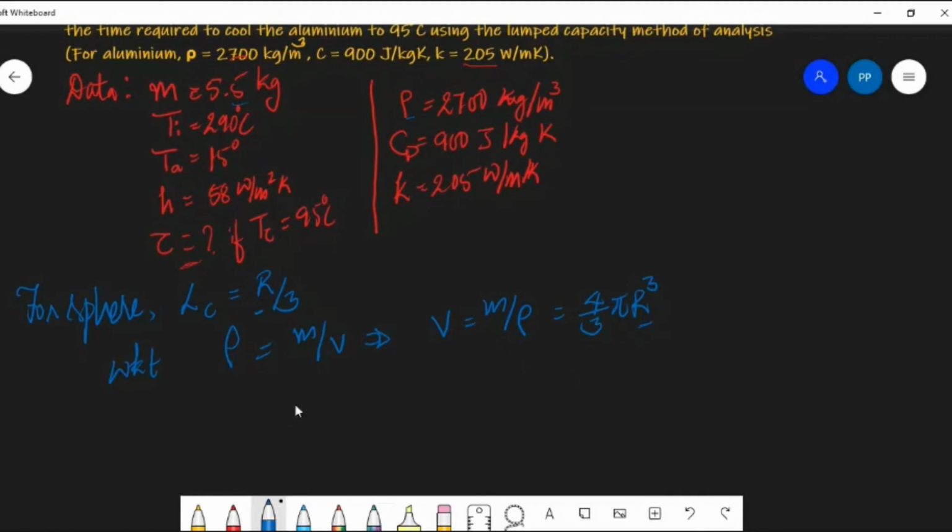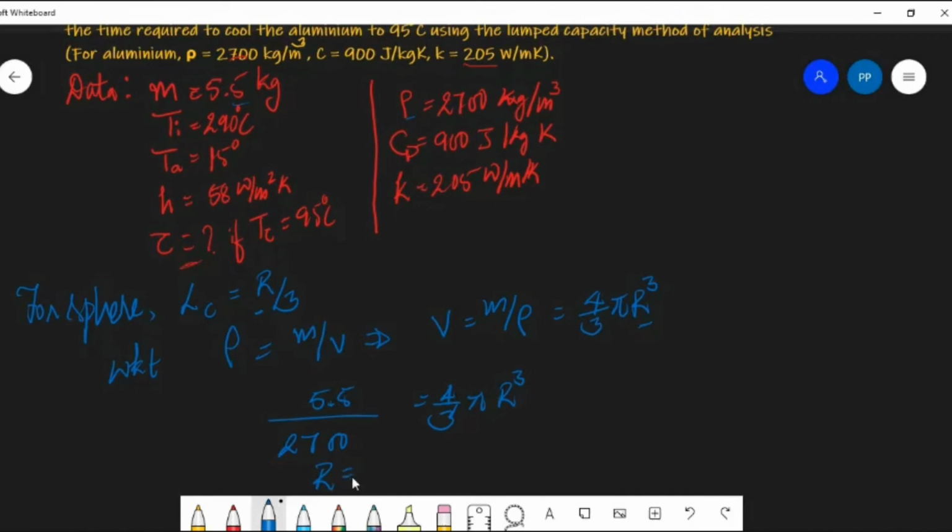Using this equation, I'll substitute mass as 5.5 divided by density 2700 equal to 4 by 3 pi into r cube.